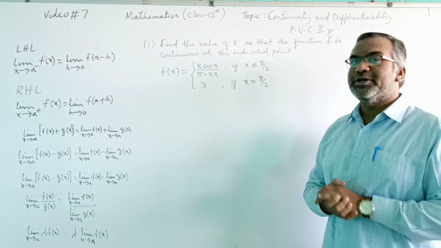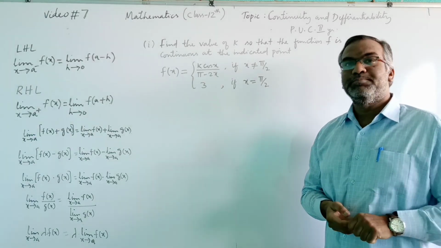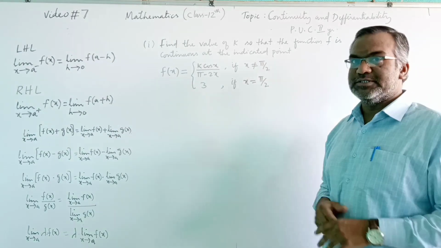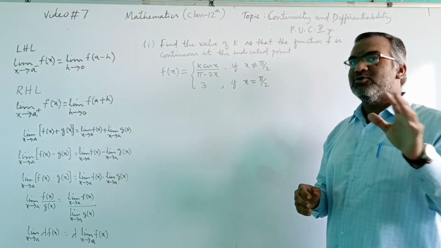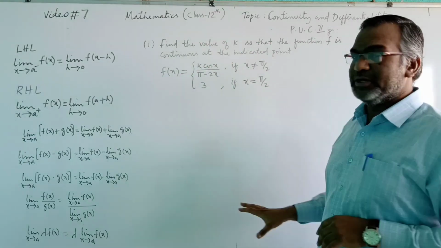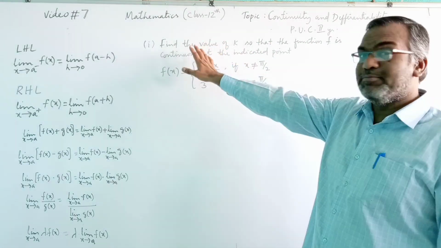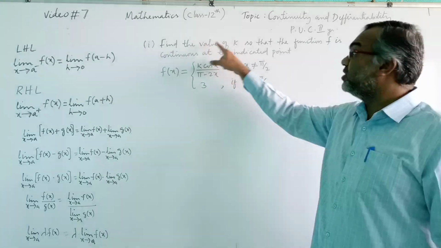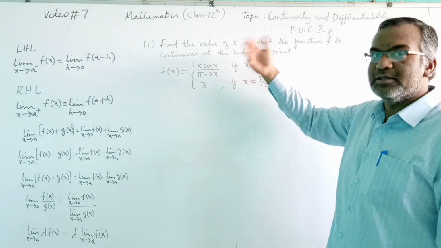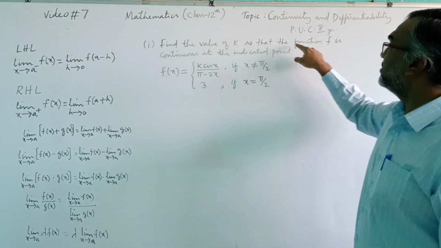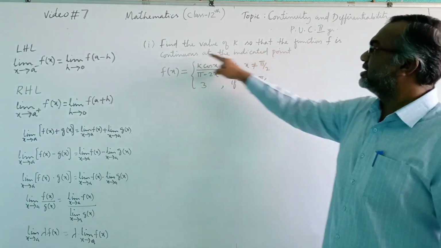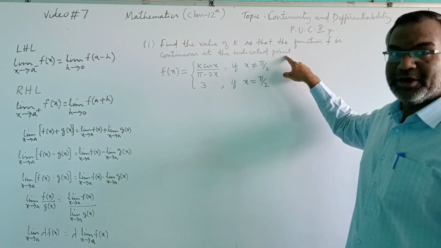This is a very important topic in the board exam of PUC second year, Karnataka state. One 5-mark question definitely comes in the exam from this topic, especially this type of question: find the value of k, or sometimes lambda, any other constant, so that the function f is continuous at the indicated point.